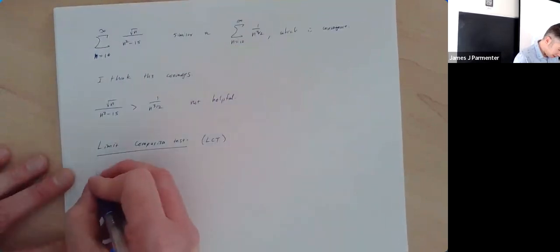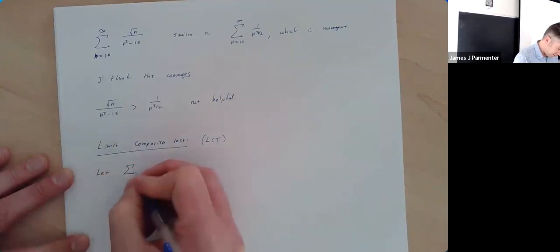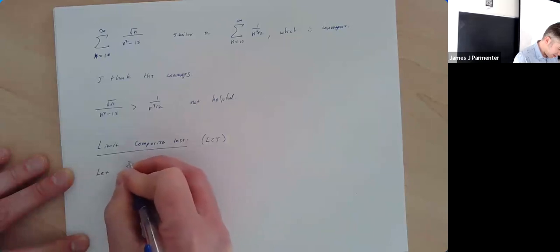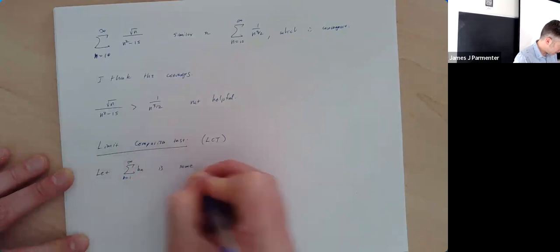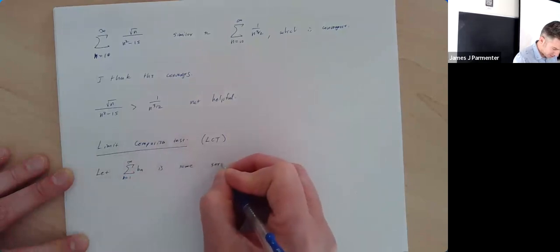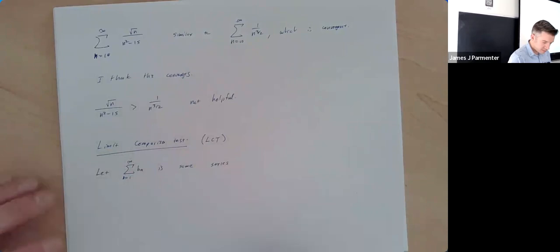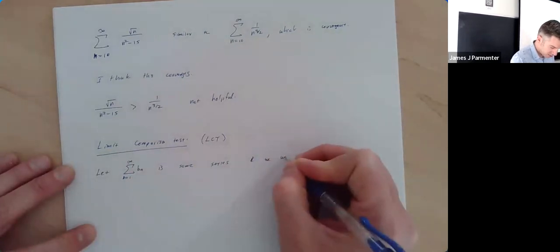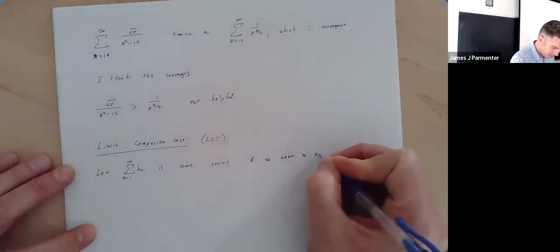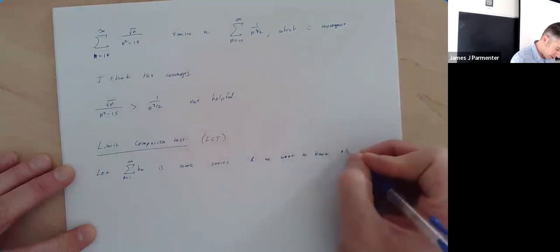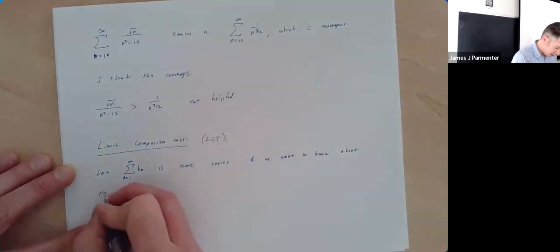Let's say that the sum from n equals 1 to infinity of b sub n is some series, and we want to know about the convergence or divergence of the sum from n equals 1 to infinity of a sub n.